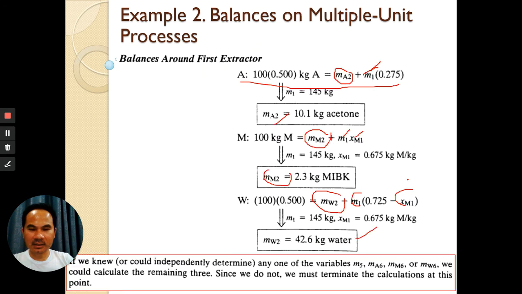If you know any more information, you can solve for this, but now you cannot solve it. We must terminate the calculation at this point. Okay. See you for next lecture.